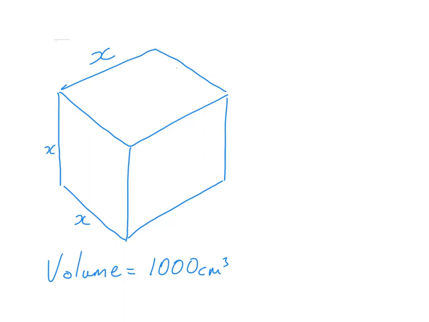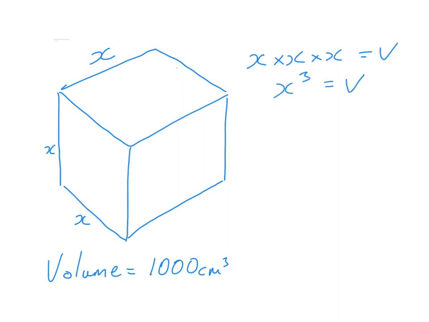Okay, so this time we have a cube, and it has a volume of 1000 centimetres cubed. Remember, to find our volume, it would be the length of side, so x times x times x would give us our volume, or x cubed would give us our volume.